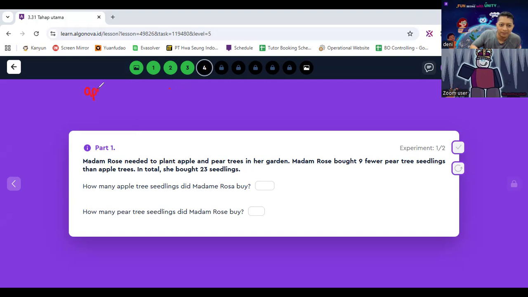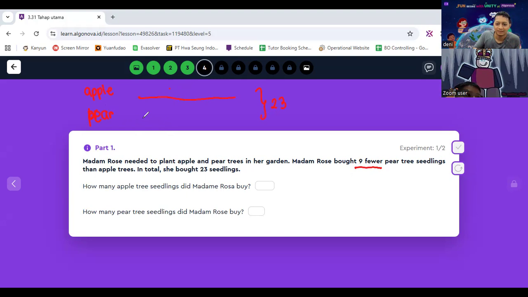Apple and pear. The total should be 23. And this is a keyword: 9 fewer pear trees than the apple trees.